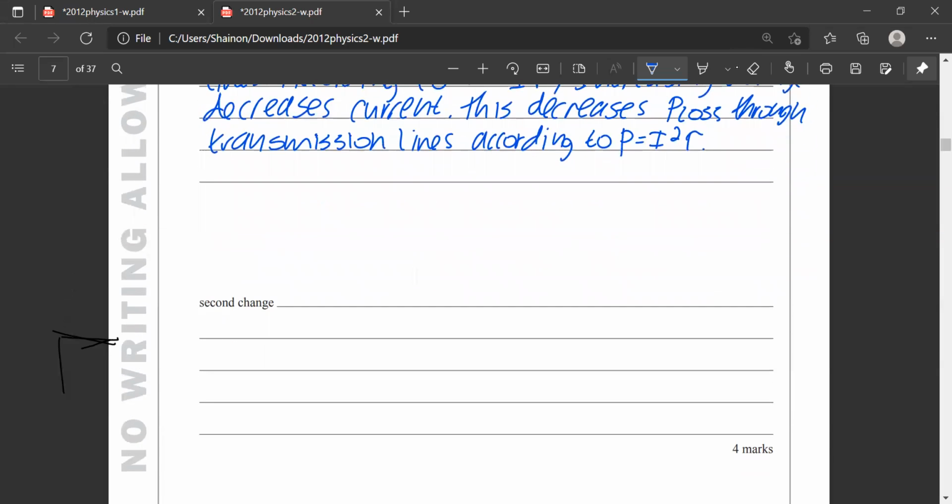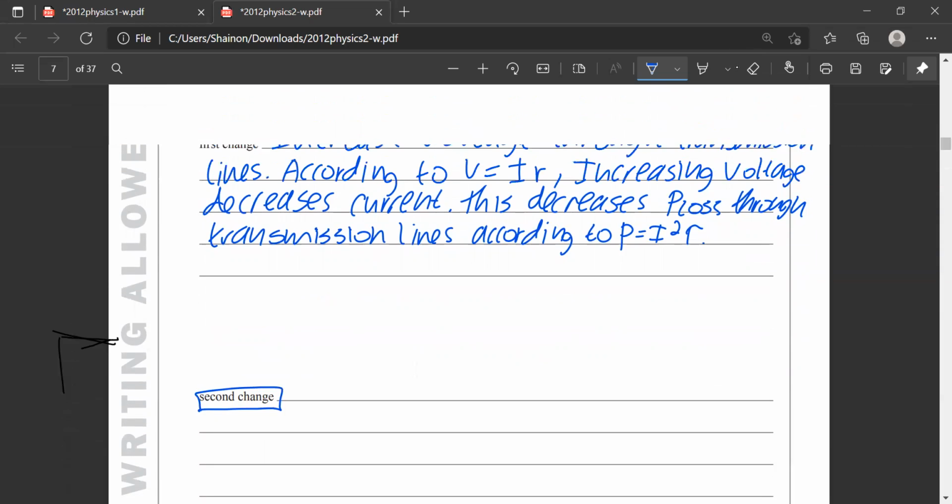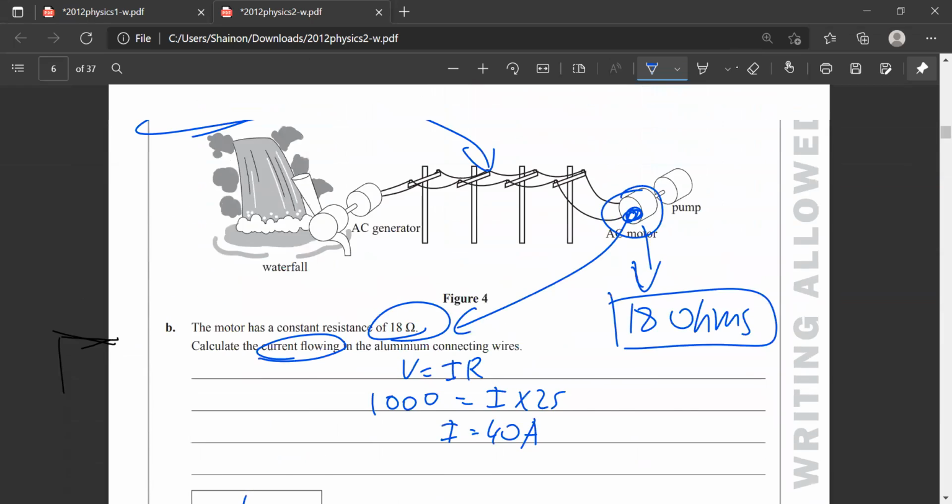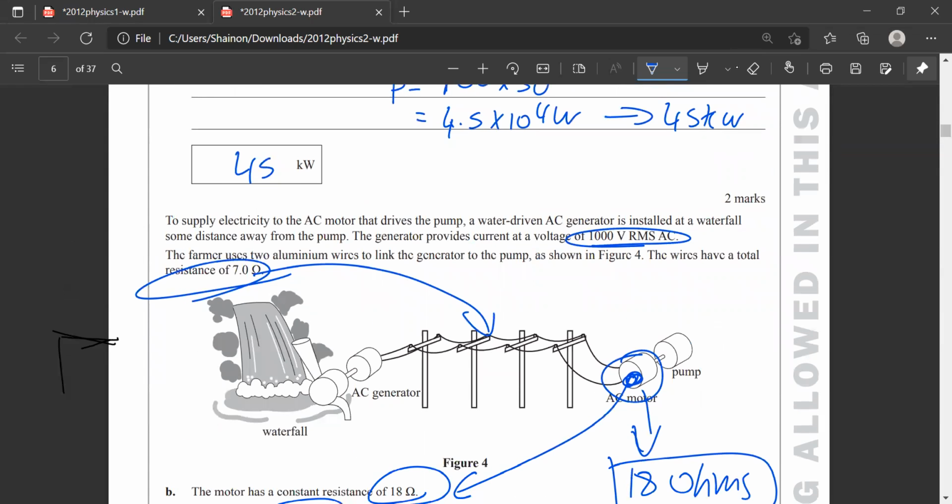And second change, you can decrease the length between the pump and the AC generator.